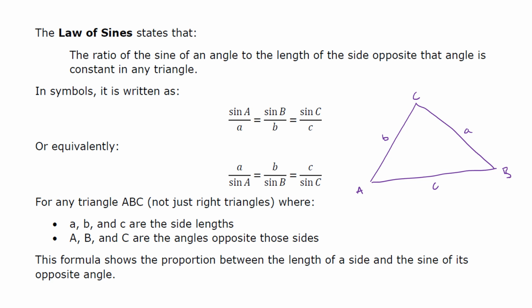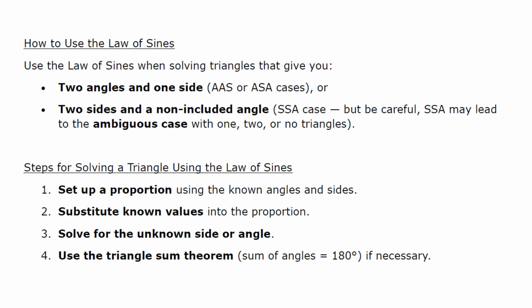So how do we use the law of sines? We use it when solving triangles that give you two angles and one side. In some cases, this may be angle, side, angle, so you're given an angle, the side, and then an angle. Between the two angles, you have a side that's given to you. Or angle, angle, side, so you have two angles and then a side.